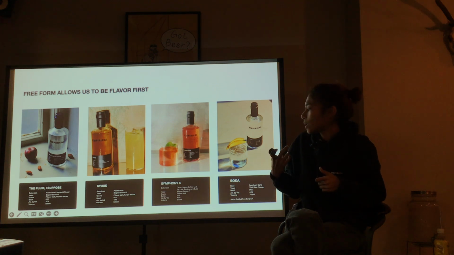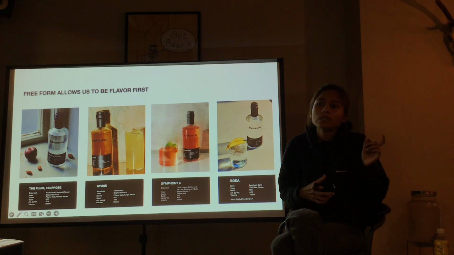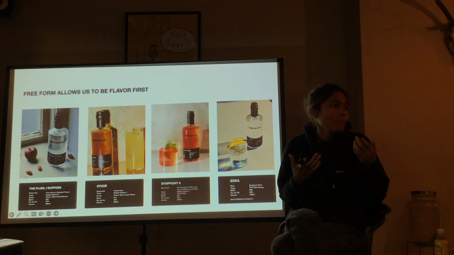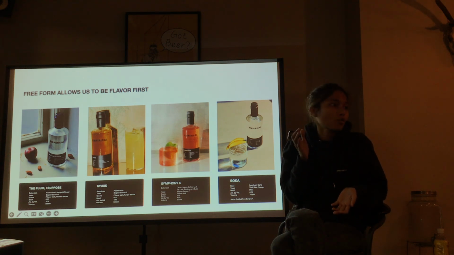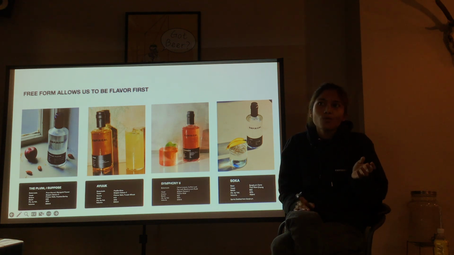And then the last one is Soka, which is a sorghum cane spirit. Sorghum grain is consumed the most in China to make baijiu, and in the US, just for eating. But the cane is a wastage crop; after each harvest, they would just chop it down and burn it.